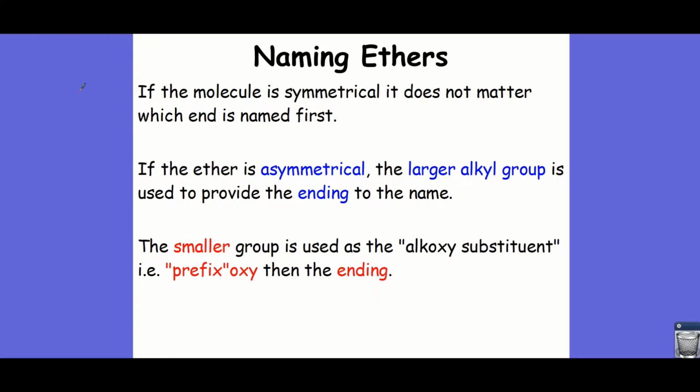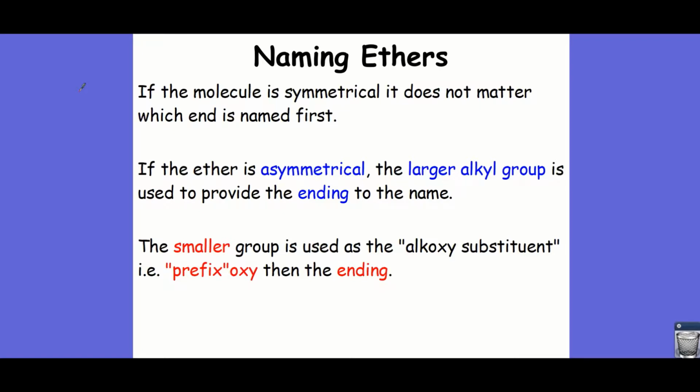Right, so we're going to have a wee think about naming ethers. Have a wee read through this point. You can pause it or whatever, have a wee read through the slide. It will make much more sense when we're actually looking at examples, but what I want you to get from this is we have to look at our ether and look at both parts of it. If it's symmetrical, it's quite easy to name.